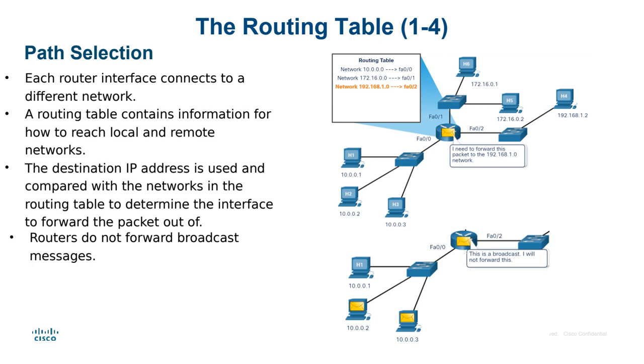The routing table will put the important information. What is connected to your router interfaces? Okay, what is connected to fast Ethernet 0/2? Zero slash two, Shabab. Which network is connected to 0/2?